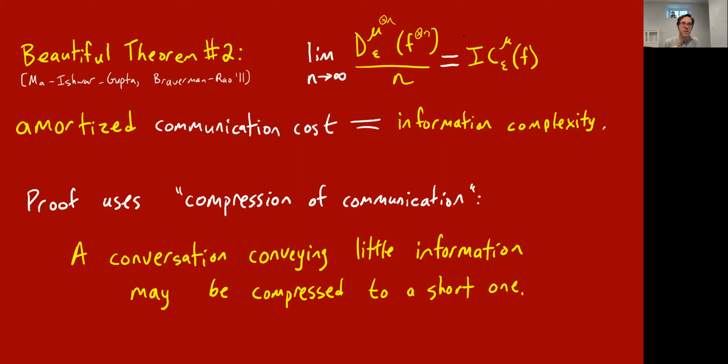And so their theorem shows that any conversation that takes a long time but conveys very little information may be compressed to a short one, which is deep. If you think about it, that's a metaphor for these lectures or just general conversing with people: a lot of words sometimes, and you want to compress that down to just the right amount of information.